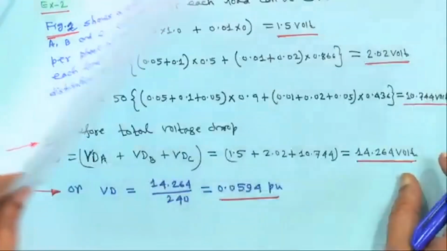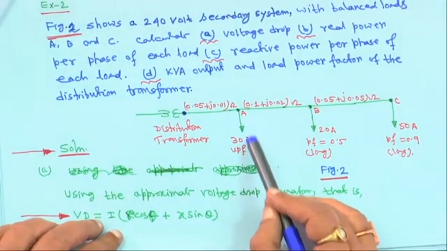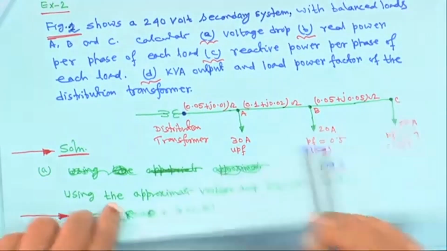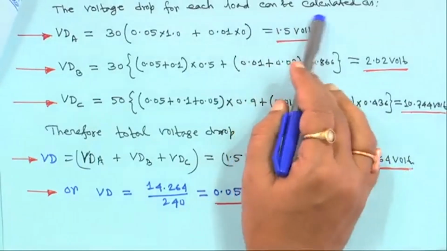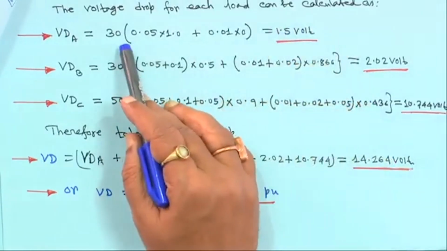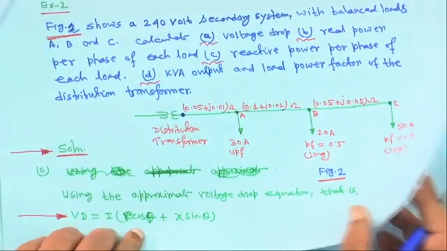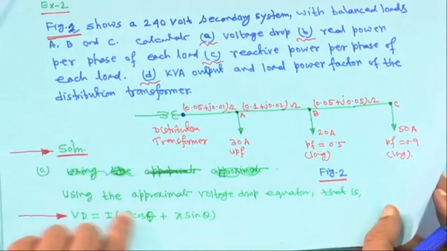The current given at point A is 30 ampere at unity power factor. So the voltage drop for this load can be calculated as I, 30 ampere, times (r cos theta plus x sin theta).